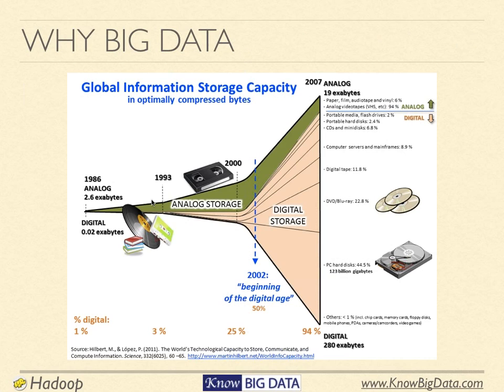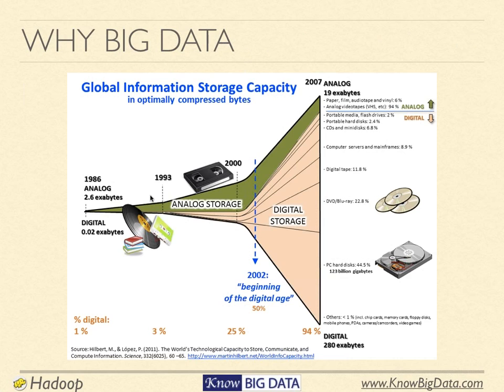Why are we talking about big data and why did this story begin? In 2002, this diagram is quite popular. So in 2002, the data suddenly started growing. Analog data is your normal physical books, your audio vinyl discs, and whatnot.